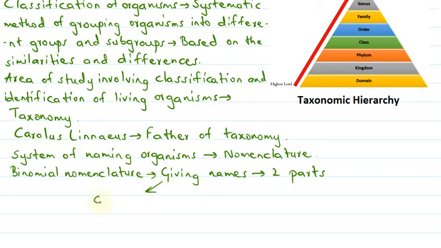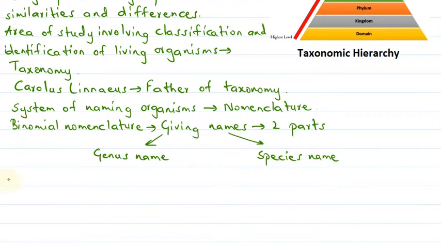One part is called genus name and the other part is called species name. Okay, so let me take an example for this. The scientific name of human beings is Homo sapiens. So I write Homo under the genus name and sapiens under the species name, because this is the genus name and this is the species name.